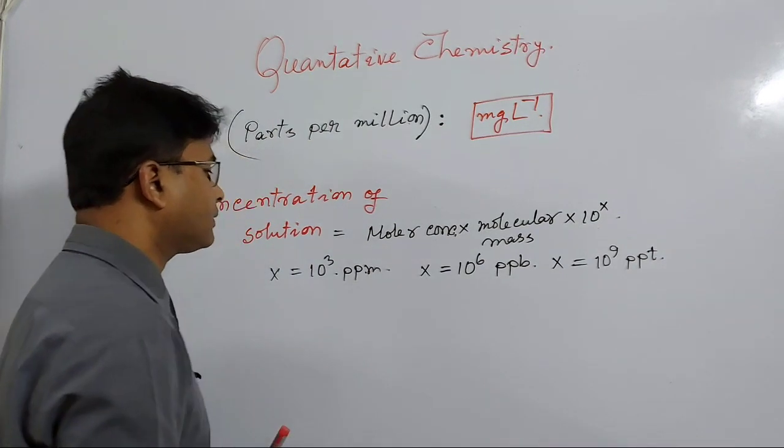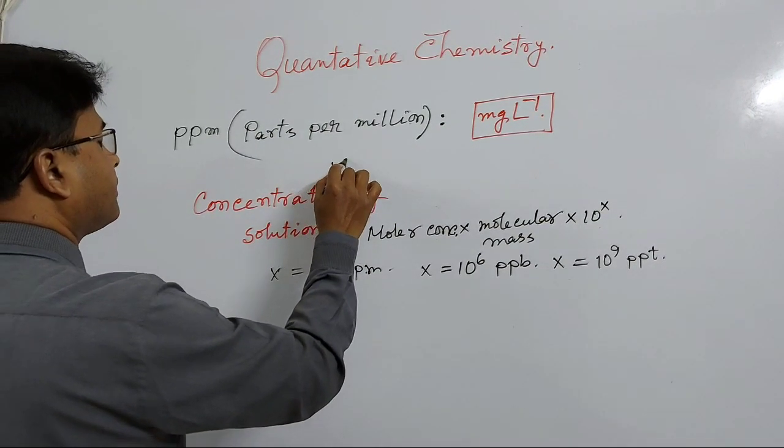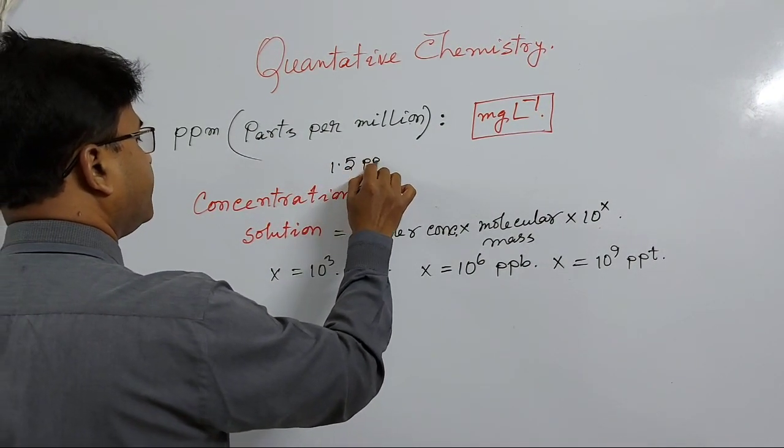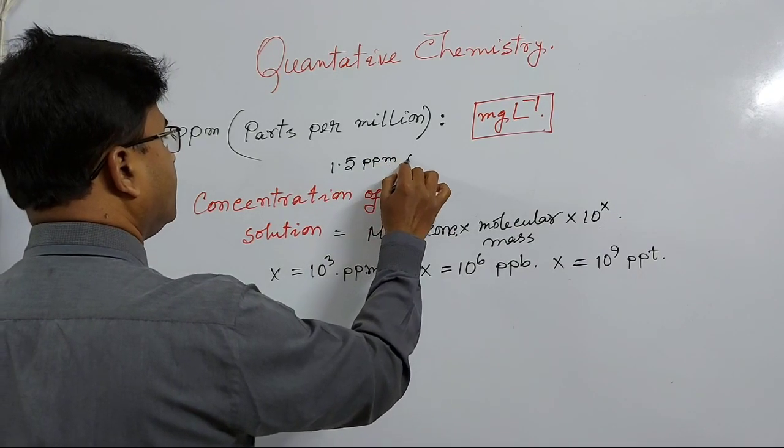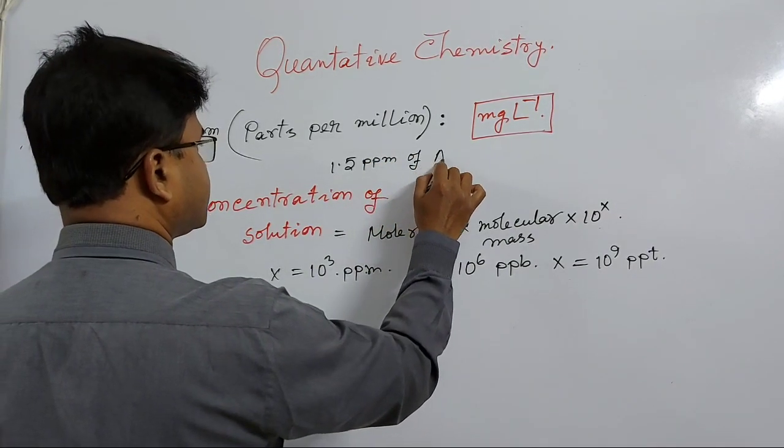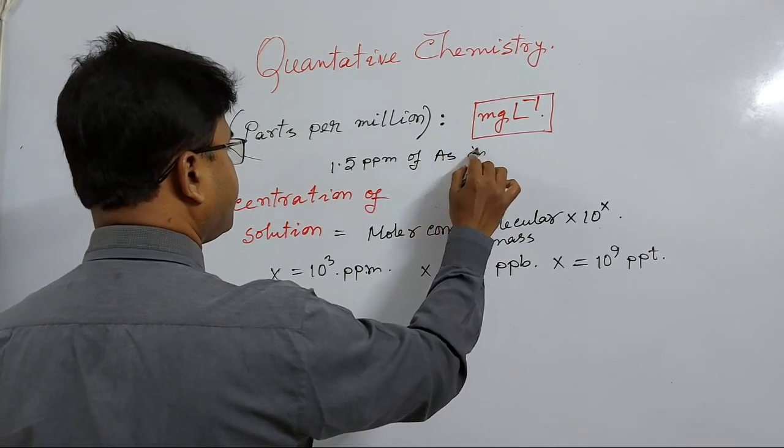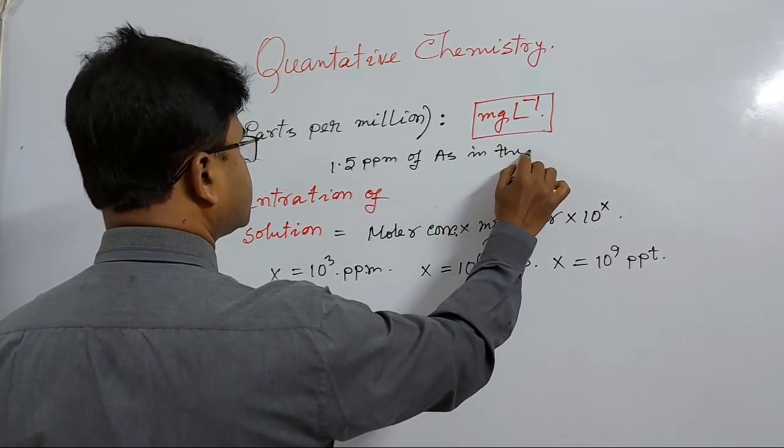What does it mean by 1.5 ppm of arsenic in the sample water?